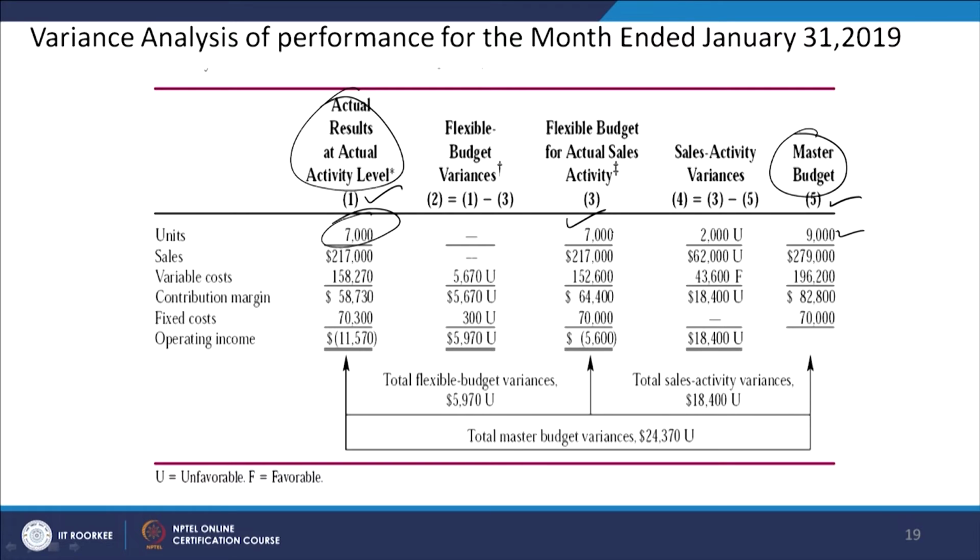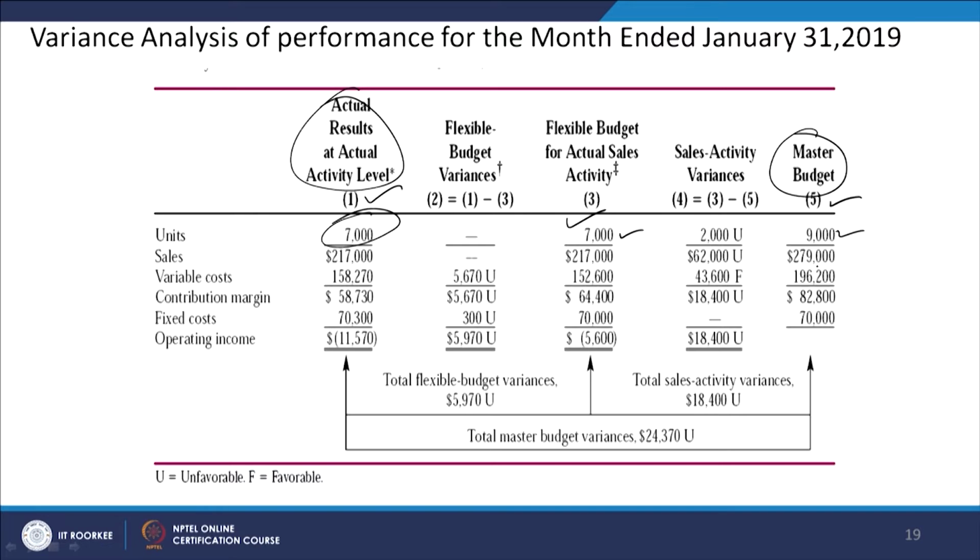So, we created a budget for 7,000, and the variance that came up is that the activity level variance is 2,000 negative, unfavorable, because the activity has come down from the budgeted 9,000 to the actual 7,000, so by 2,000 units. Then the sales figure has certainly come down, because sales value was expected to be 279, but looking at the selling price, now it is $217,000.